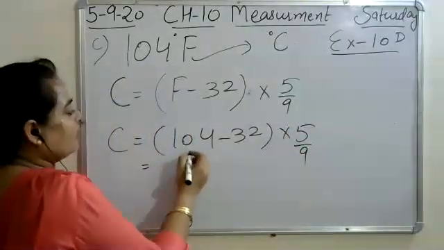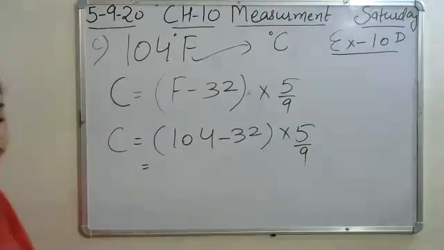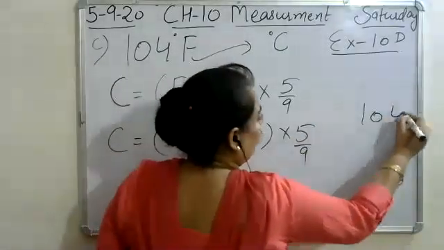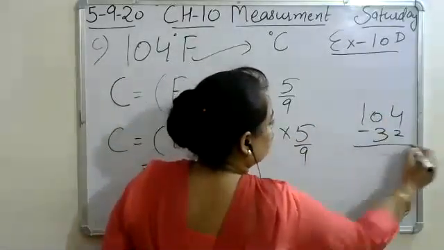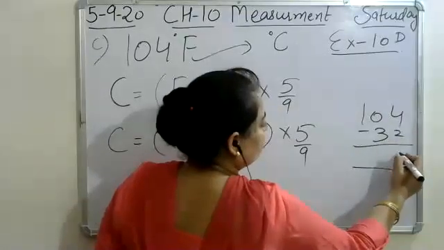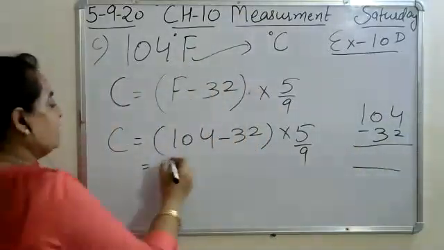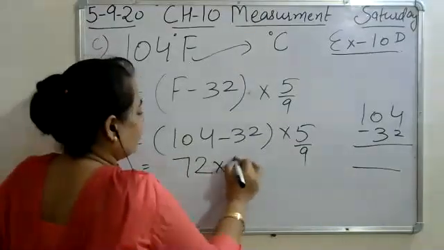Now, 104 minus 32, tell me. 72. Very good. 72 multiplied by 5 by 9.